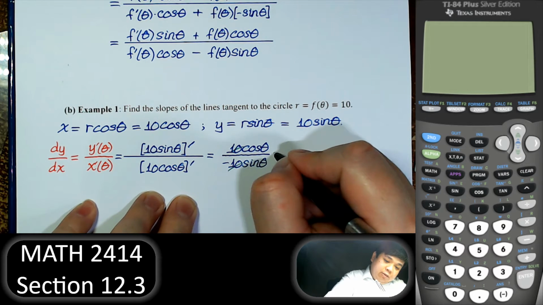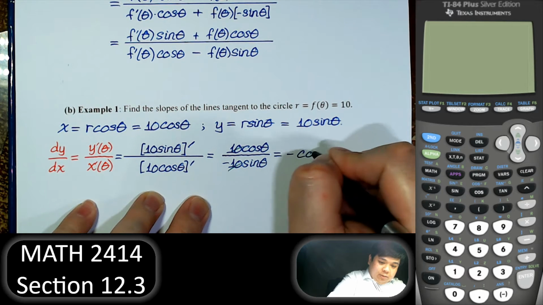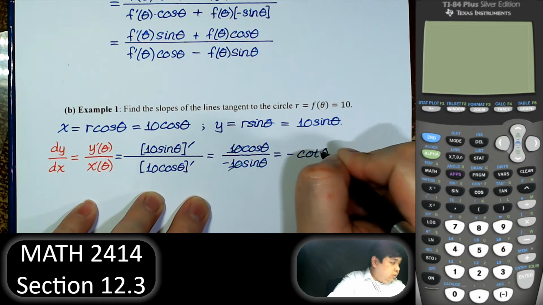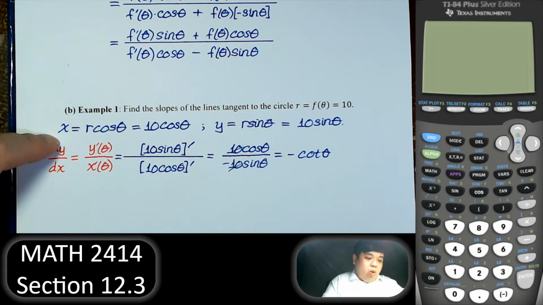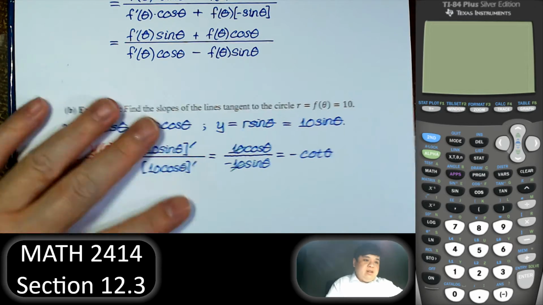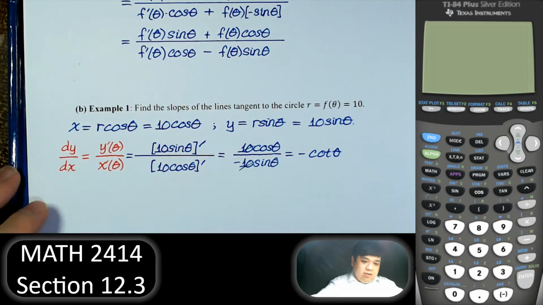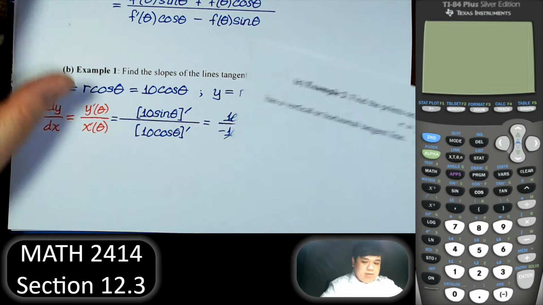Cosine over sine is negative cotangent. So just like that. Just write down x and y, and then use that approach instead of that formula. And just a product rule.